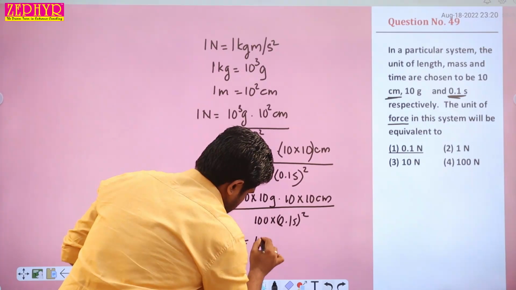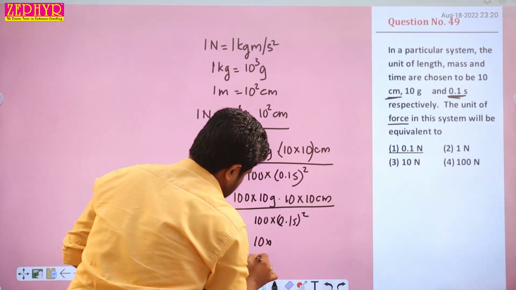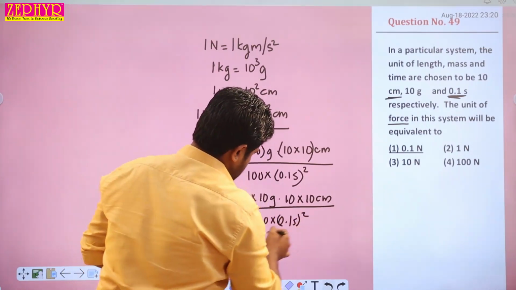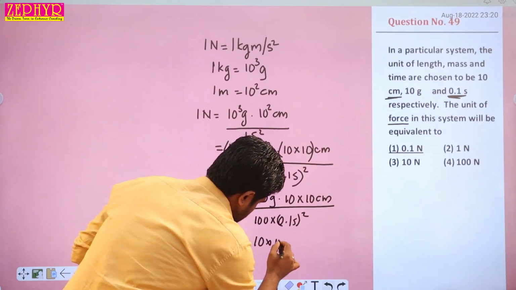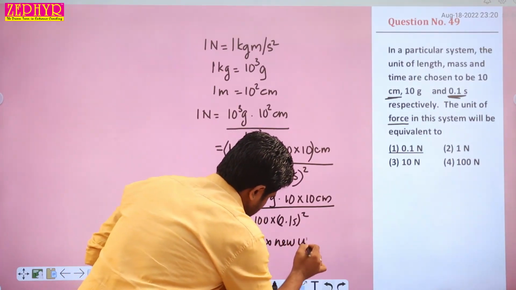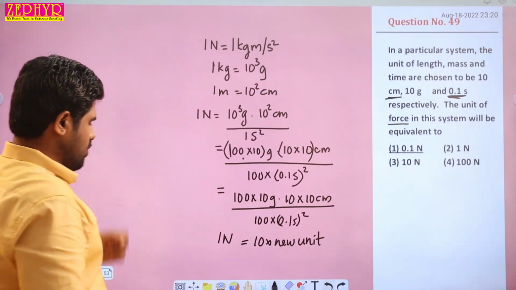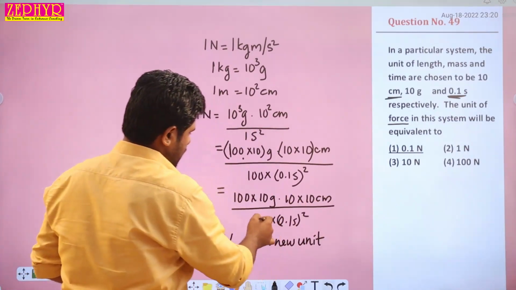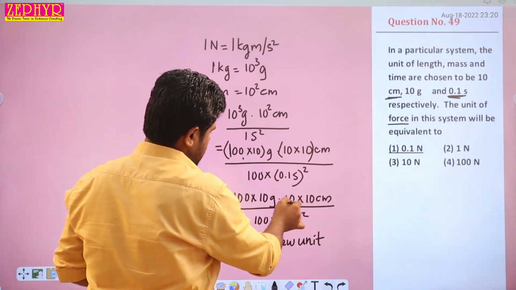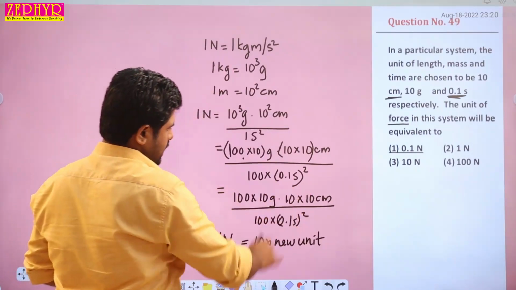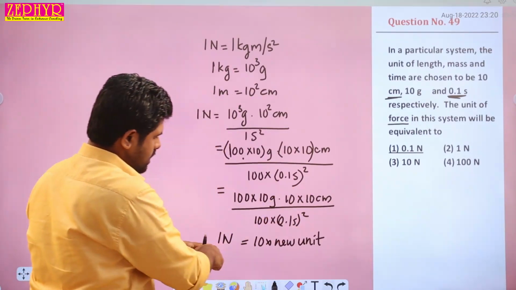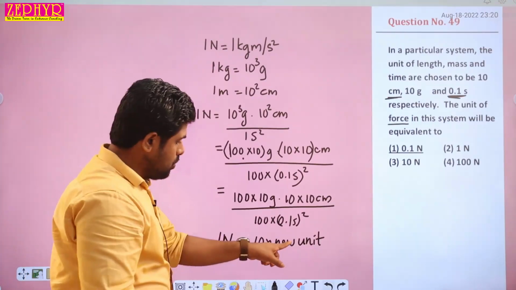Its value is equal to 10, so 10 into new unit. 100 and 100 cancel each other, and then the remaining is 1 Newton is equal to 10 into new unit.